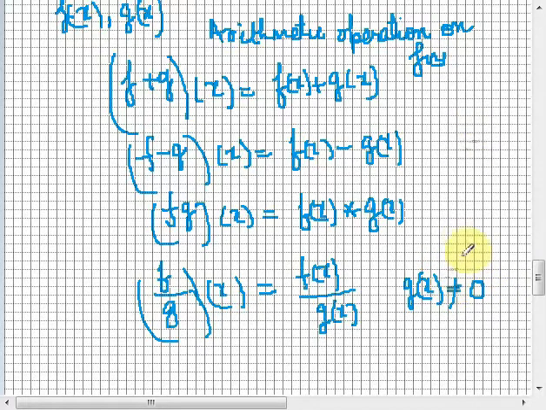What is the domain of the functions obtained after the mathematical operation? The domain of these functions is the domain of f intersection domain of g. Similarly, this is the intersection of the domain of function f with the domain of g, that is the common points.